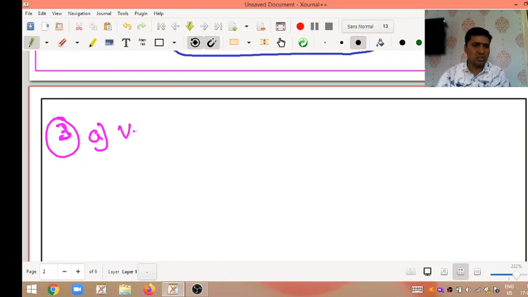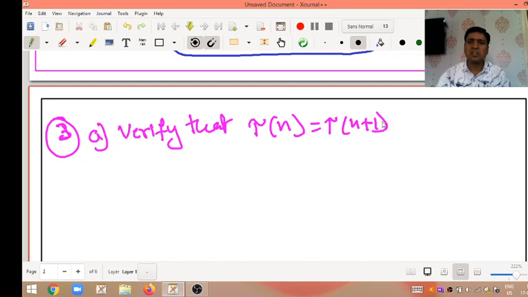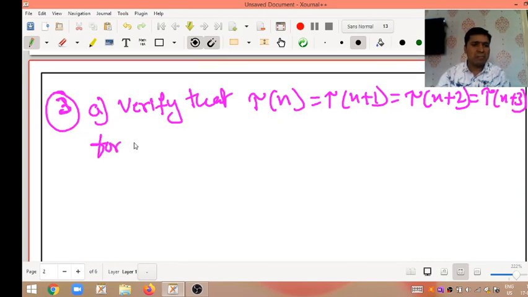First question, verify that tau of n is equal to tau of n plus 1, that is equal to tau of n plus 2, that is equal to tau of n plus 3, for n is equal to 3655 and 4503.